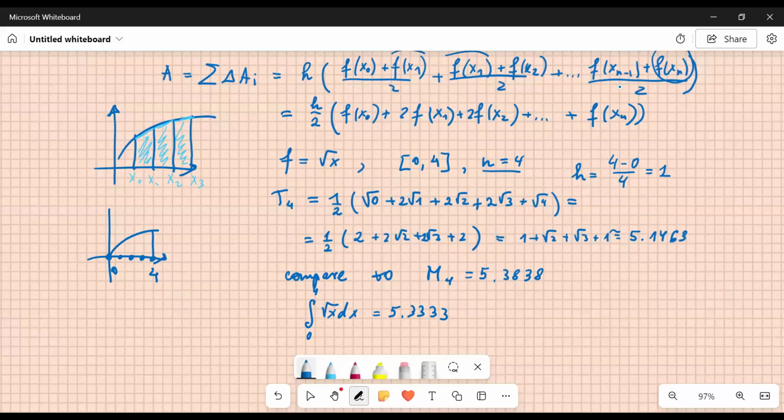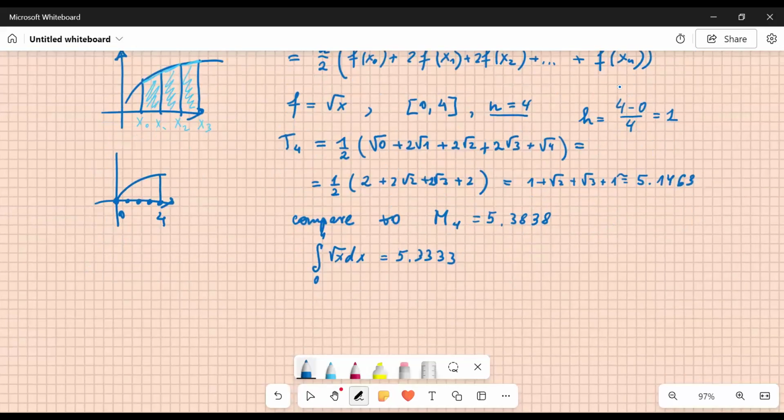If I calculate the error of the trapezoid rule, ET, I'm going to have 5.333, my exact value, minus T4, which is 5.333 minus 5.1463. It's going to be 0.187. Well, what was the midpoint rule giving?